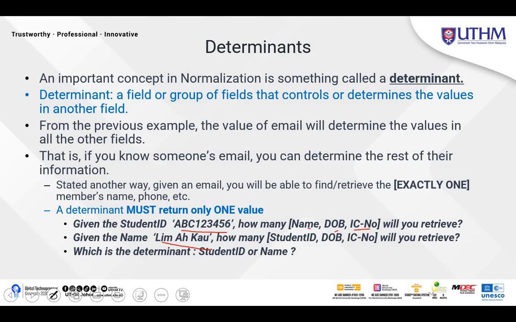Based on the student ID alone, we can determine the name of the student, date of birth, and IC number. But when it comes to Lim Ah Kau, there is a possibility that the same name, same spelling, is present in a database multiple times. So in this case, name cannot be the determinant.